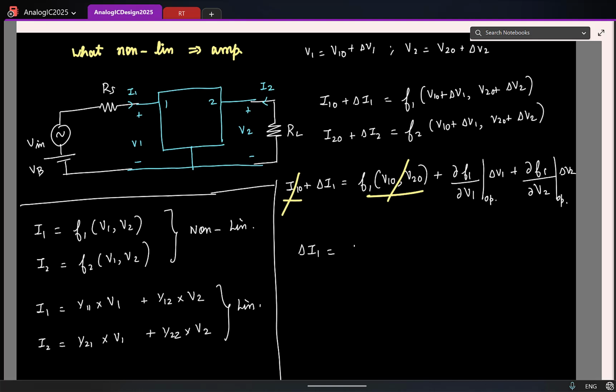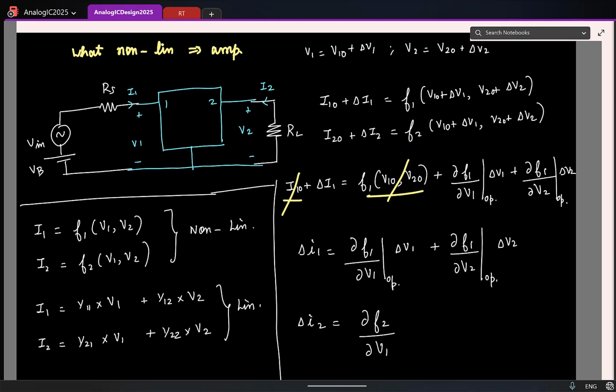Now I have delta I1 as some partial derivative, that is some constant, times delta V1 plus partial derivative with respect to V2, which is some other constant, times delta V2. Similarly, I can write for I2 as well. So, I will use small variables. Delta I2 I'll have the same thing, only the nonlinear function changes from f1 to f2.